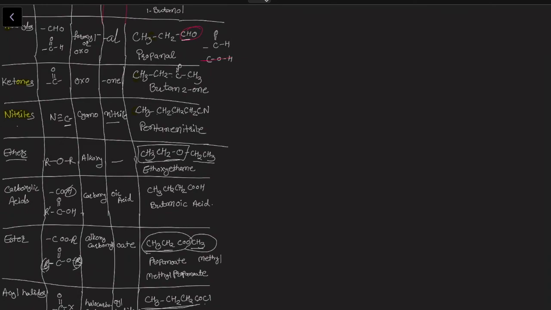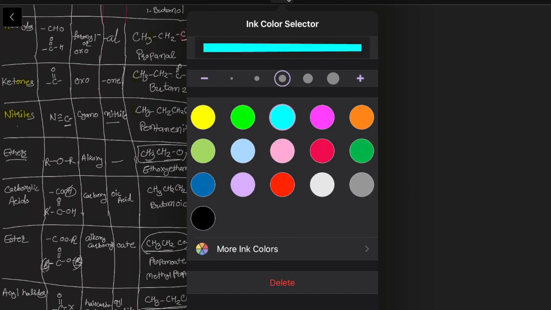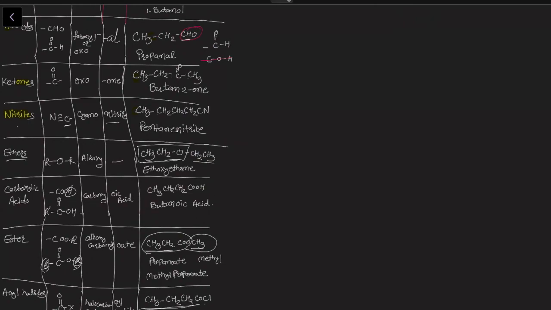The next group is ketones, and for the ketones it's C double bond O, and one is a suffix and oxo is a prefix like we had for aldehydes.